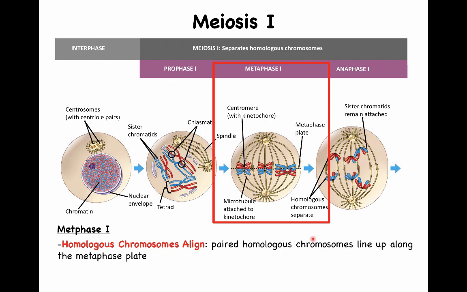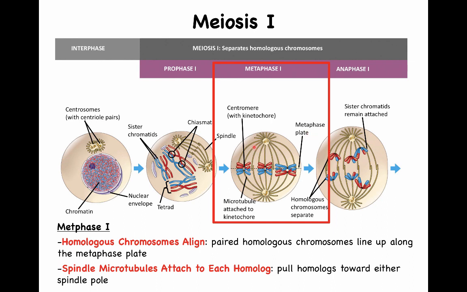The next thing that happens, which is also different than what goes on in mitosis, is in metaphase 1. Now the homologous pairs line up along the metaphase plate. So instead of each chromosome lining up by itself, now the 2 pairs align next to each other. They've lined up, they've crossed over in prophase, and now they all line up on the metaphase plate next to each other.